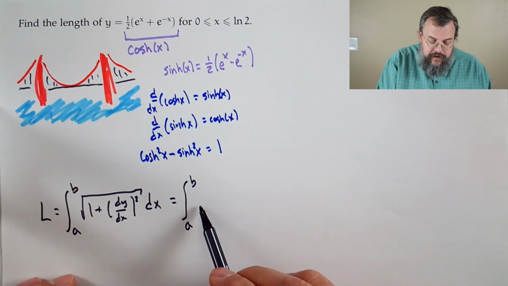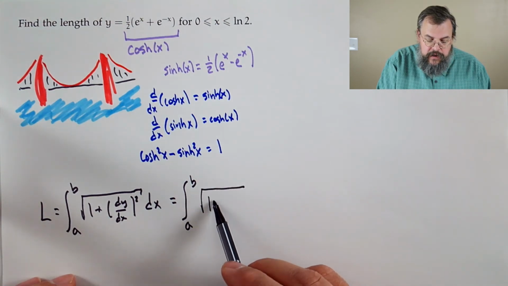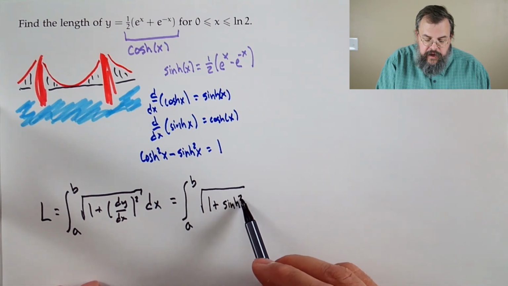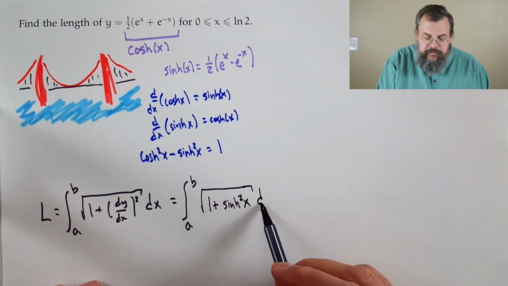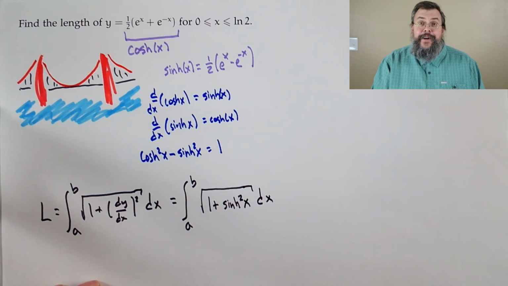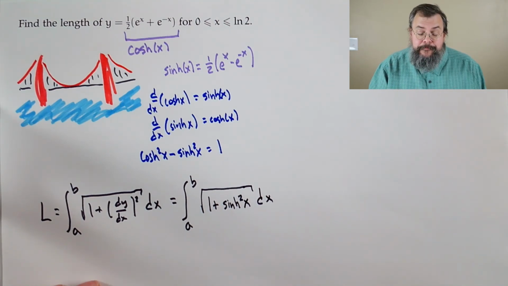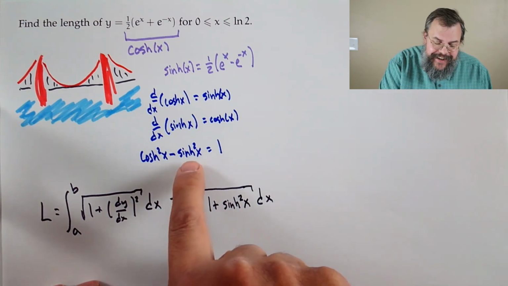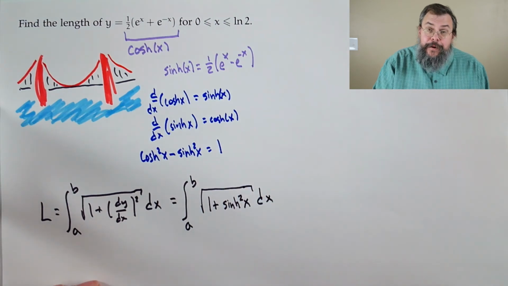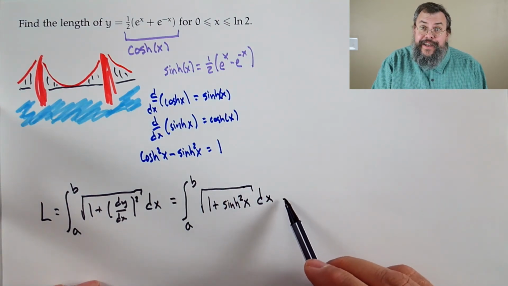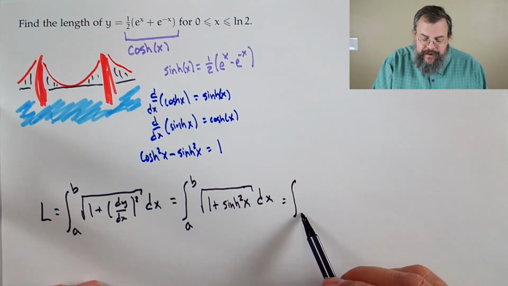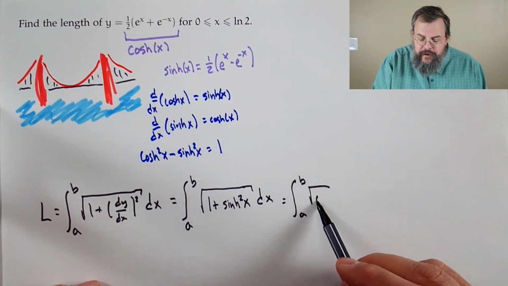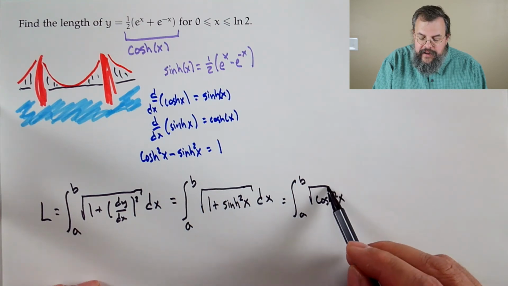Okay, so that's the square root of 1 plus sinh squared x. All right, now, can you do anything with 1 plus sinh squared? Can you? Look, if you move this to the other side, 1 plus sinh squared is cosh squared.